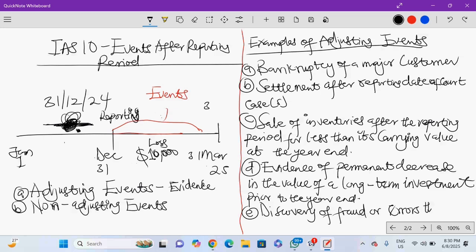That shows the financial statements were incorrect. All right.